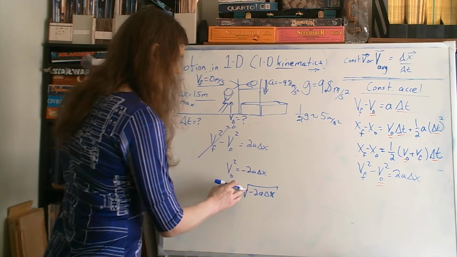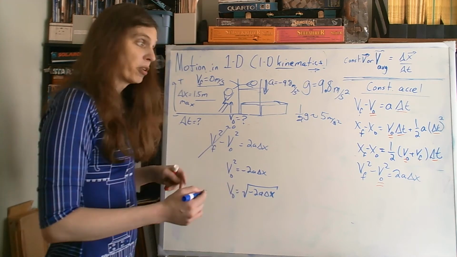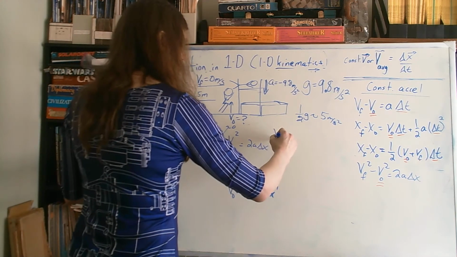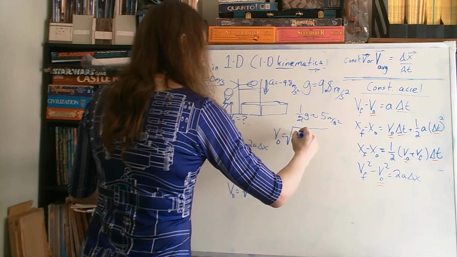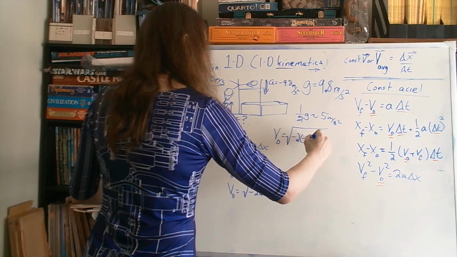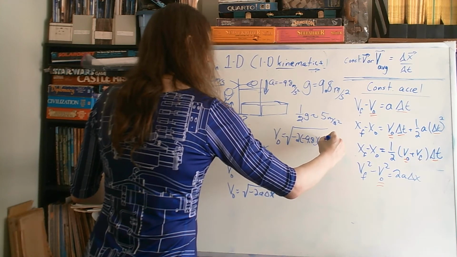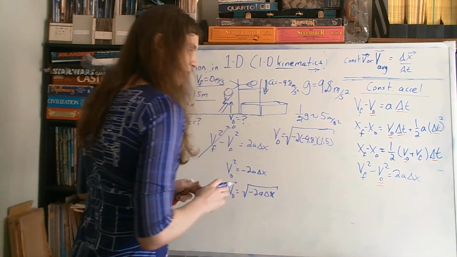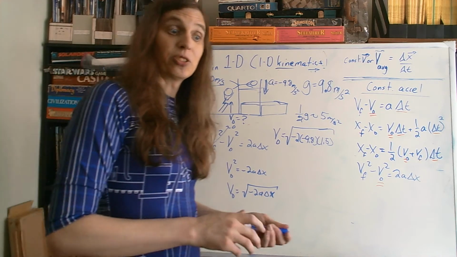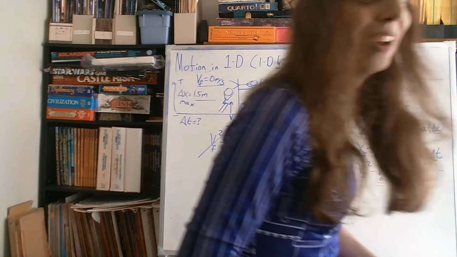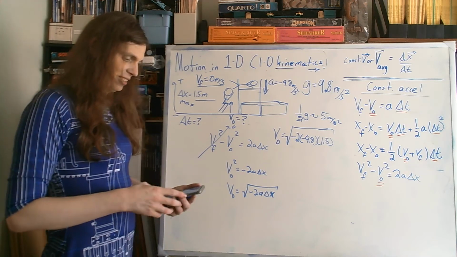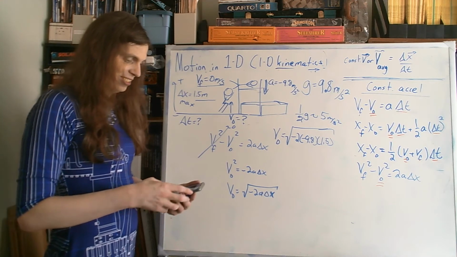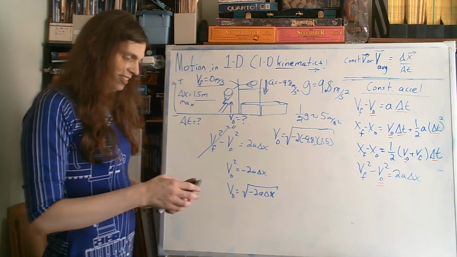So we'll just take the positive square root here and dump our numbers in. v0 is the square root of negative 2 times negative 9.8 times 1.5. All right, I am not terrific with square roots in my head of non-whole numbers. So let's try this.